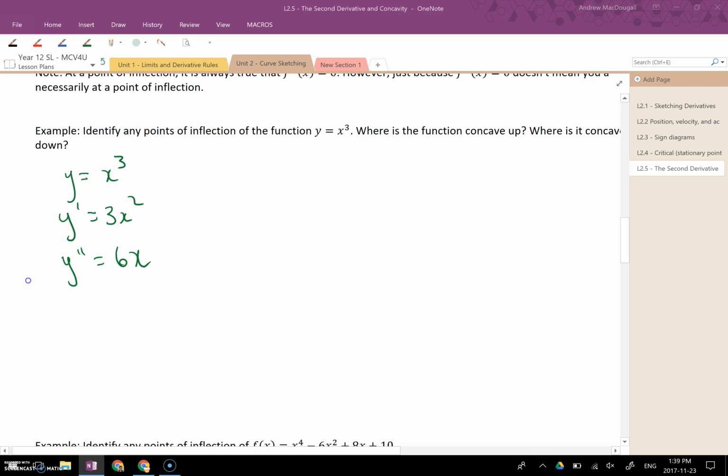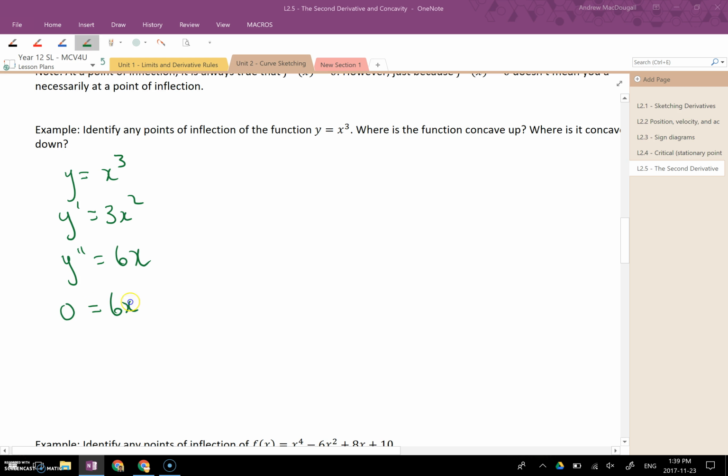And in order for the concavity to change from opening up to down, or vice versa, y double prime has to at some point be 0, which means x must be 0. And now, to check, we actually have to use a sign diagram, which we're very familiar with, for the second derivative.